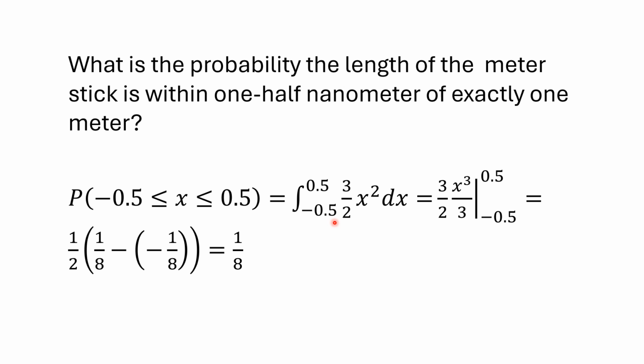So this would be the integral from -1/2 to 1/2 of 3/2 x squared dx, again 3/2 x cubed over 3, and now the lower limit is -1/2, the upper limit is 1/2, and that equals 1/2 from canceling the 3's here, and then we plug in 1/2 cubed is 1/8 minus a -1/8, is 1/2 of 2/8, which is 1/8.